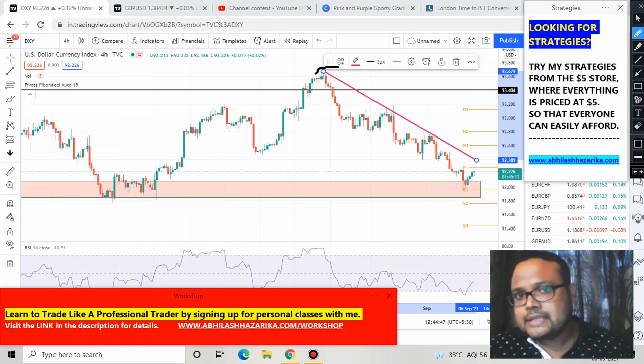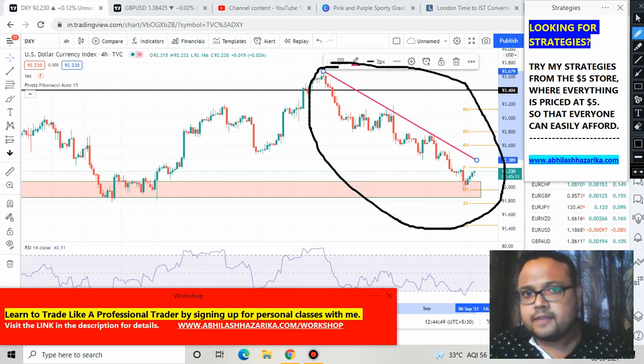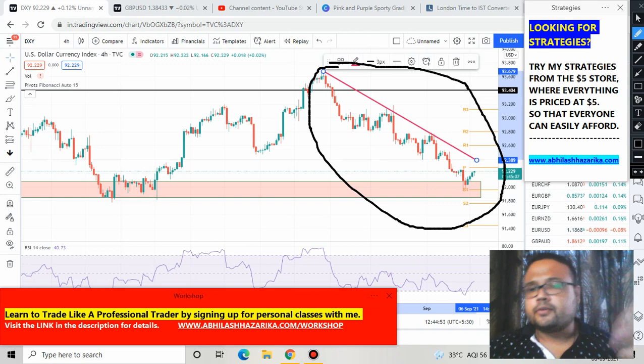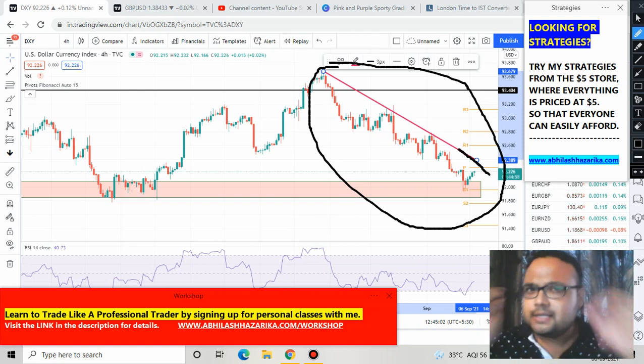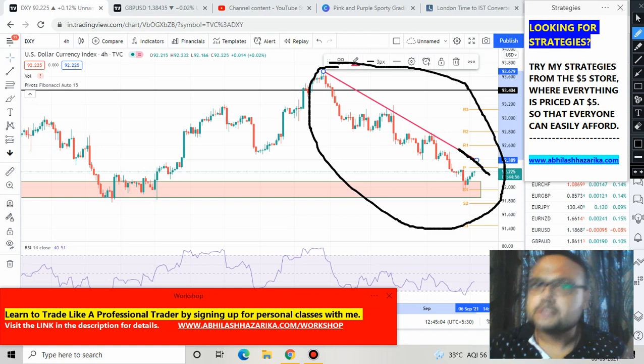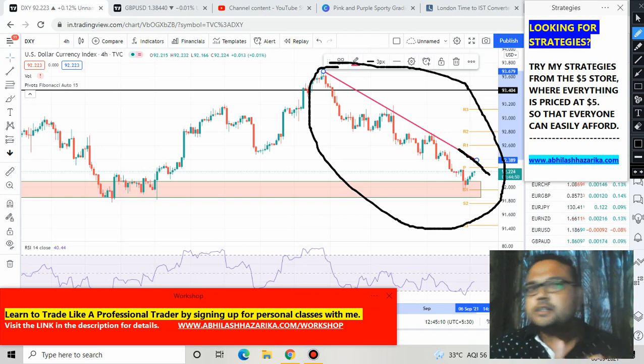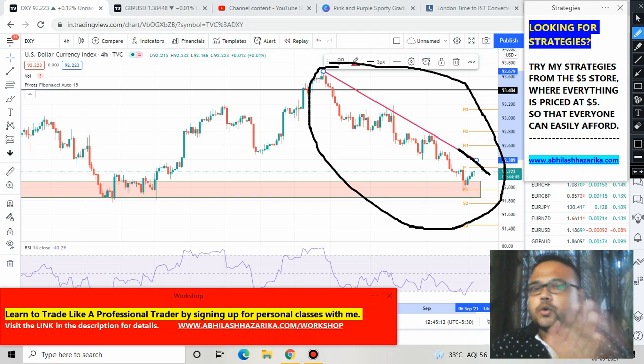But still, we can see that the dollar is under the heavy influence or dominance of sellers. Therefore, after a couple of hours, we will see the same selling pressure on the dollar as well, because again we have a resistance in the form of this trend line. So there is a good possibility that after a couple of hours the dollar will go down again, and when it does, we will get a good position on GBP USD, Euro USD, Gold USD.